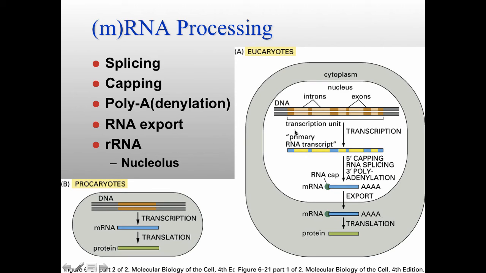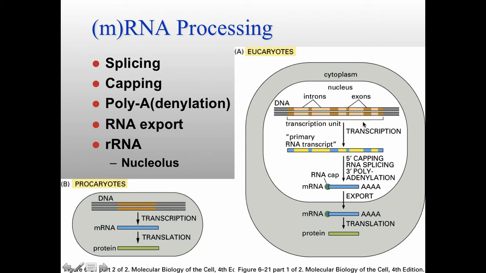Also, many people will call this the pre-mRNA. So this contains all of the exons in blue here and all of the introns in yellow. So people are not going to talk about this as being a messenger RNA. It's only really a messenger RNA after you have all the processing that takes place, after you put the cap on it, after you do the splicing, after you put in all of the poly-A tails.